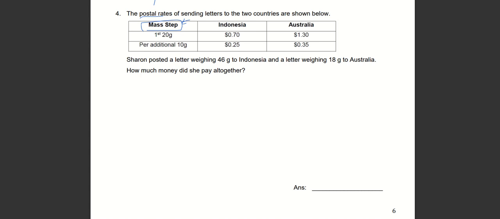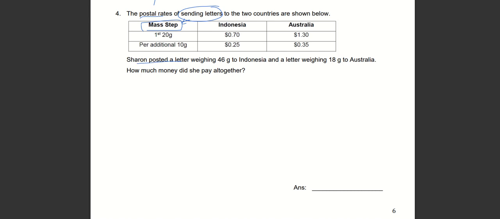Two places here, one is Indonesia and one is Australia. They have different rates for posting items, in this case letters, to the two countries. Let's take a look at the story here.